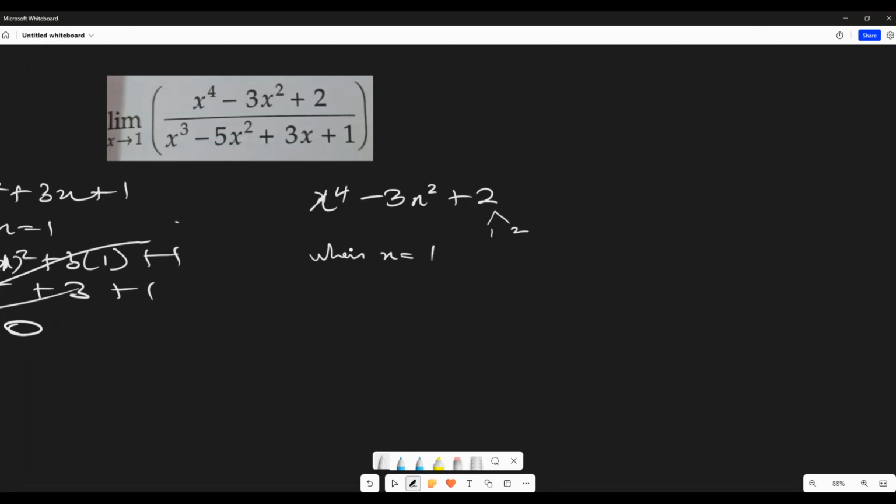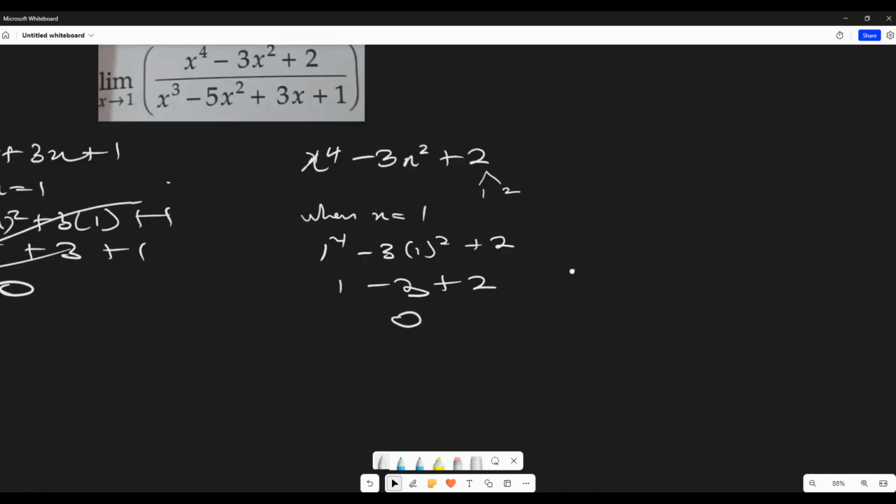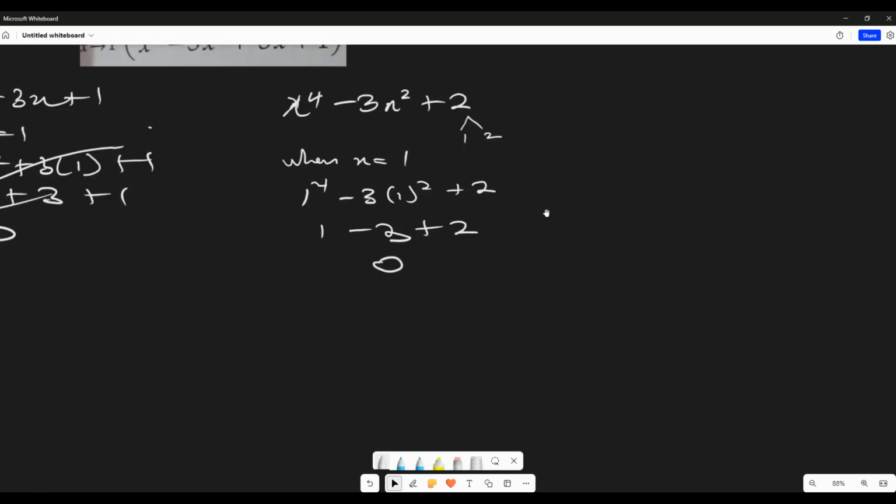We have 1 raised to the power 4 minus 3 times 1 squared plus 2. We have 1 minus 3 plus 2, and this will turn 0. This means that 1 is one of the solutions, or the roots, of this expression.